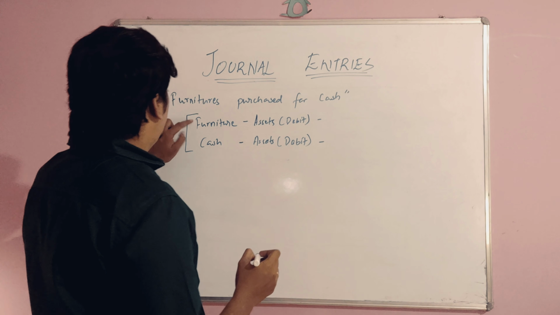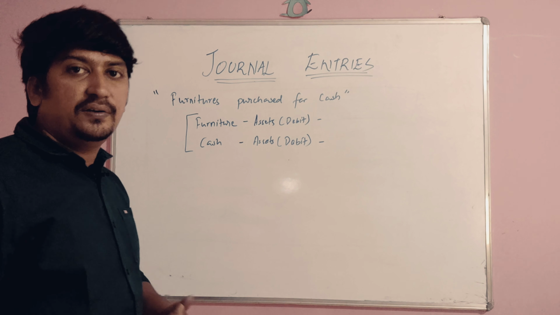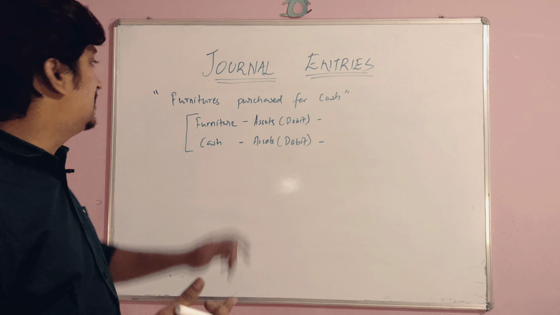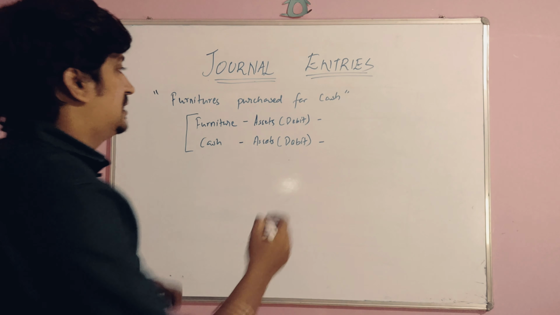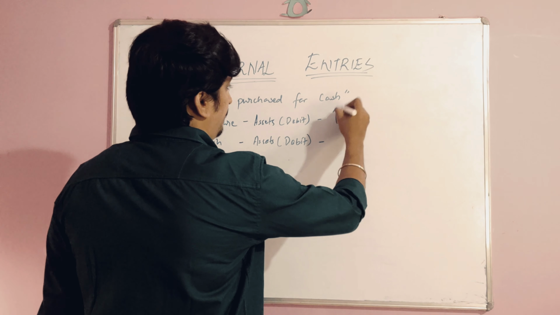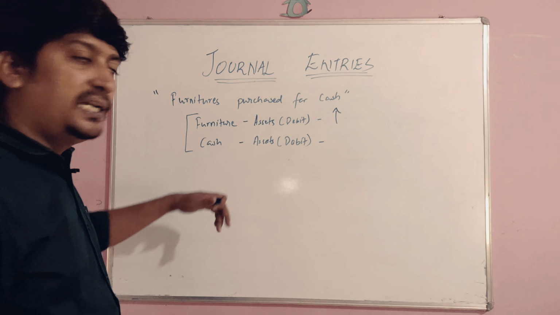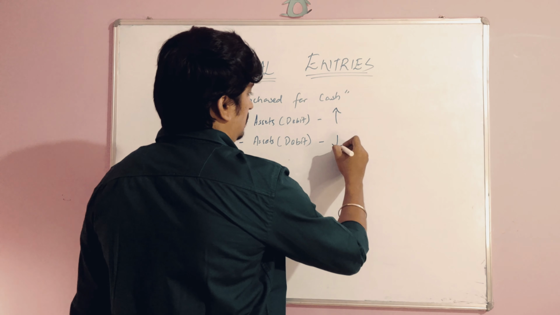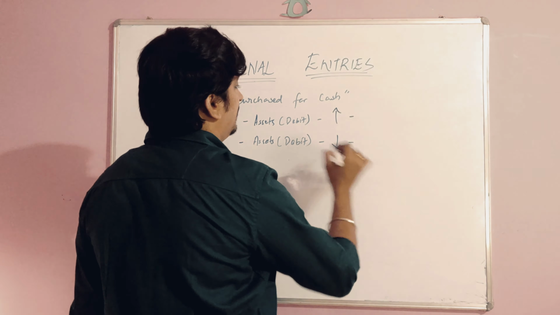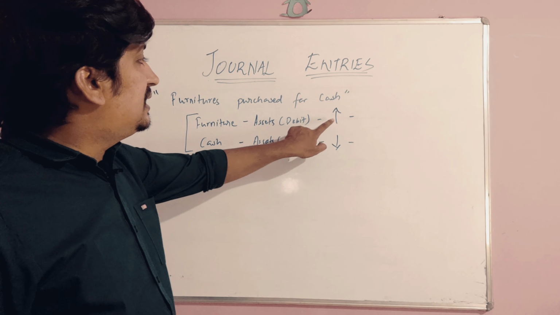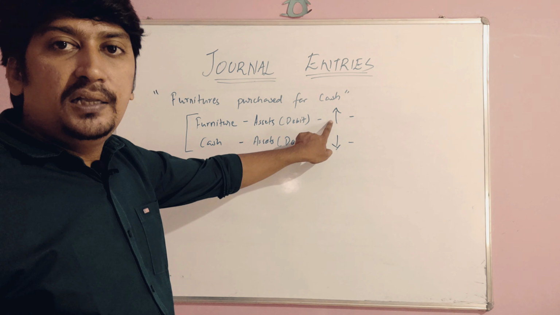Now what happens to these two accounts? Now we have to see whether that particular account value increases or decreases. Now we are purchasing furniture, value increases, and here cash we pay, so cash decreases. Now based on this, apply the rule of increase and decrease. Since this particular account increases, apply the rule of increase.